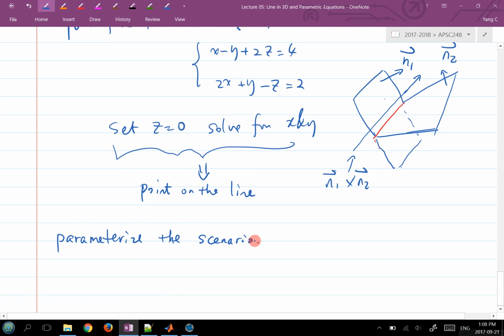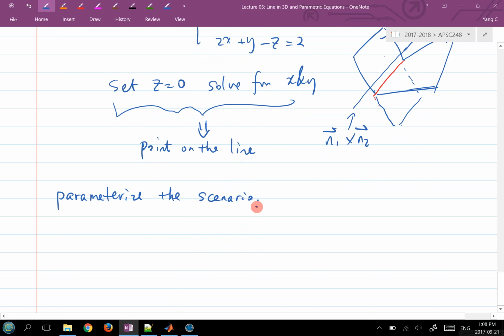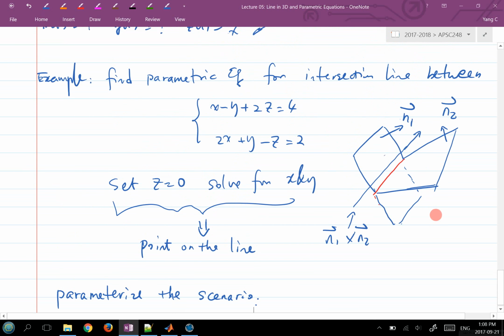You'll see what parameterize means, and I'll show you more examples. This is the idea I wanted to show you. When you set z equal to 0 and solve for x and y, you end up with one point on the line.